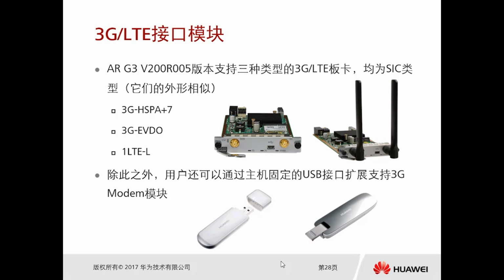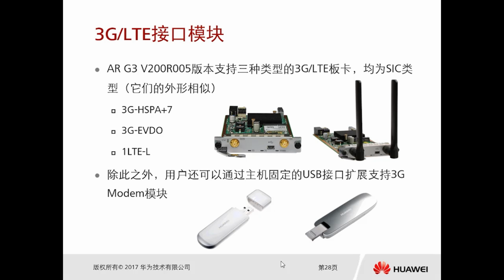This single board is a network access module for CDMA 2000. It is installed in the SRC card slot of the device. So this enables the enterprise to access CDMA 2000 network services and complete wireless high-speed data transmission. And then the last one, 1LTEL. This is a single board, wide area network wireless high-speed access module.